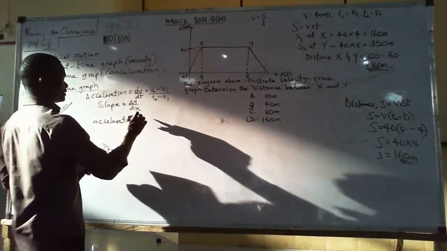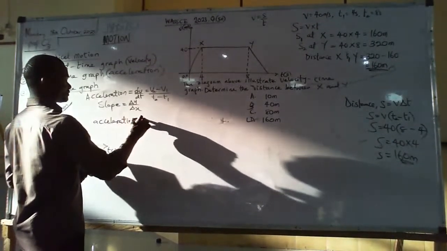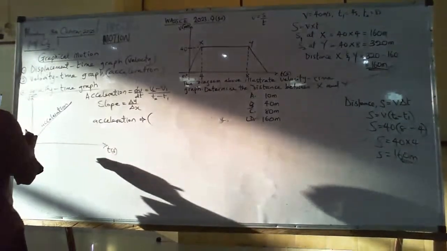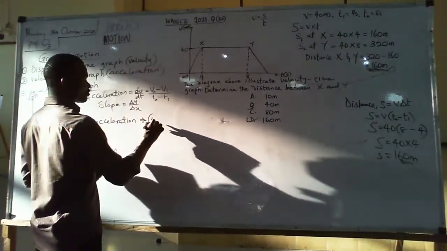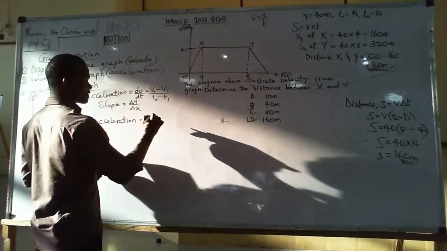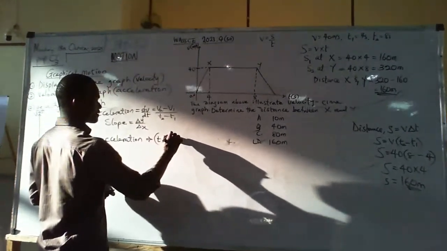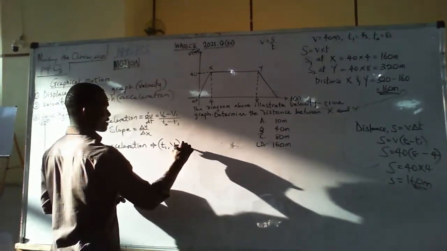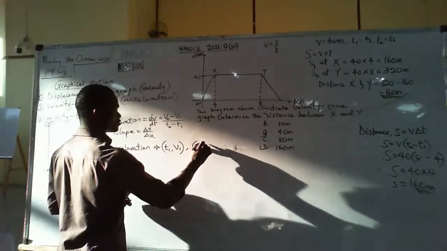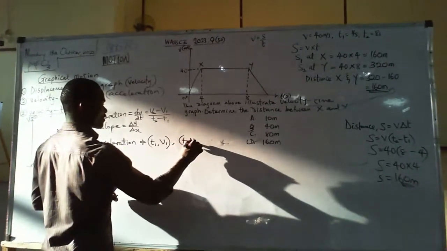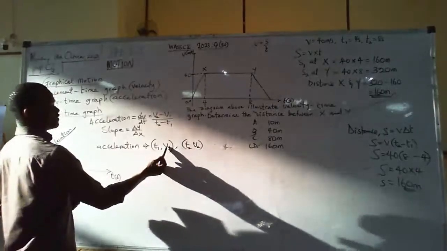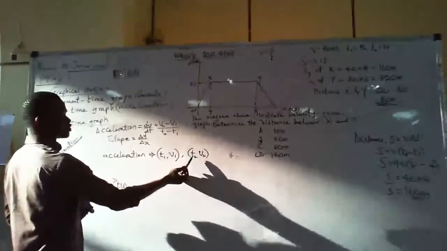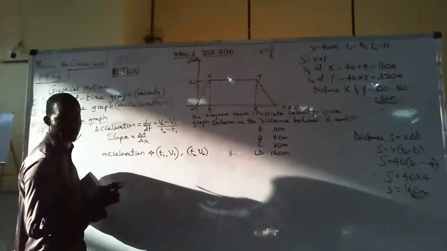The 2 points will be (t1, v1) and (t2, v2). So acceleration will be v2 minus v1 all over what? t2 minus t1.